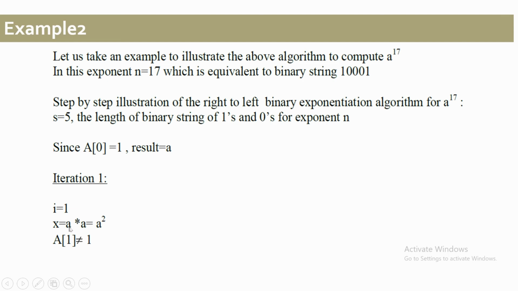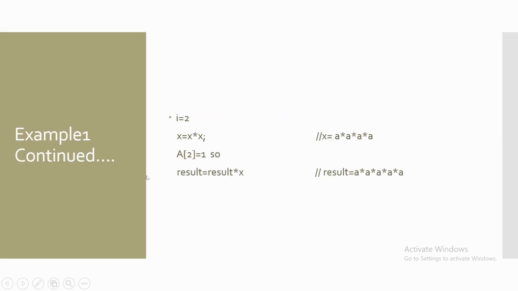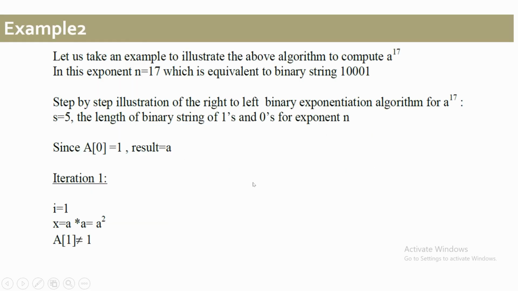So a into a, and it will become a square. Now it will be checked whether the condition has 1. If it contains 1, then the result will be multiplied with, as I have shown you in the previous formula, the x. Now as 1 is not there, this will not be applied here.